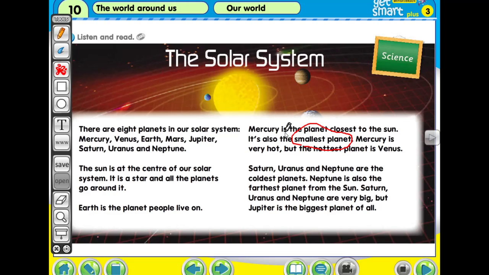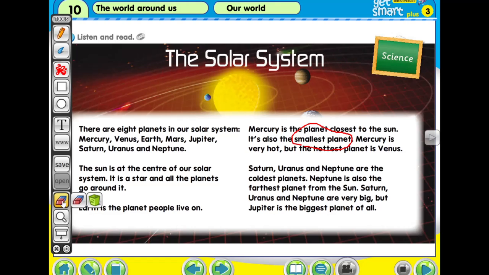Mercury is the smallest planet. Okay, we read together the question and the answer. Are you ready? We start with the word which. Which is the smallest planet? Mercury is the smallest planet.